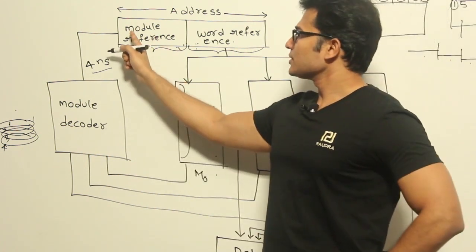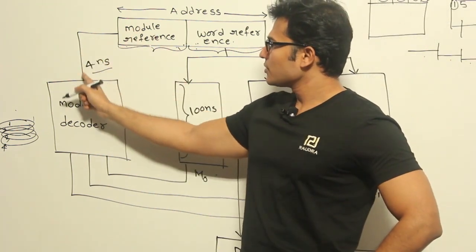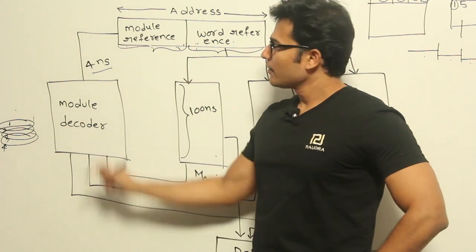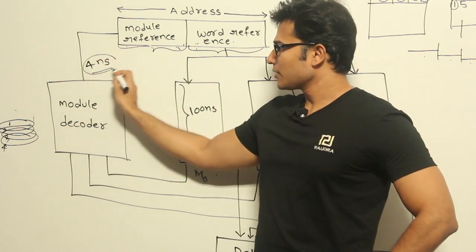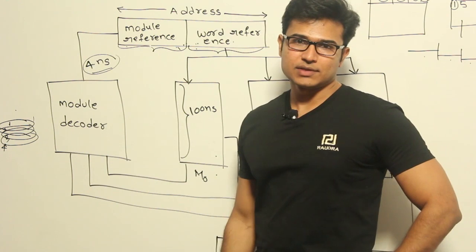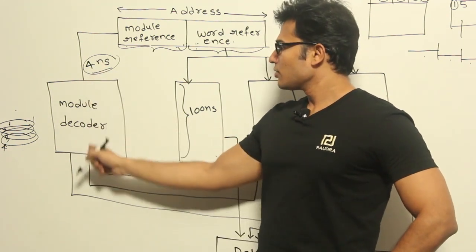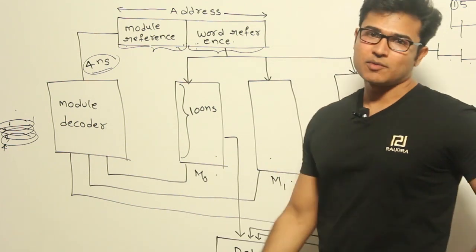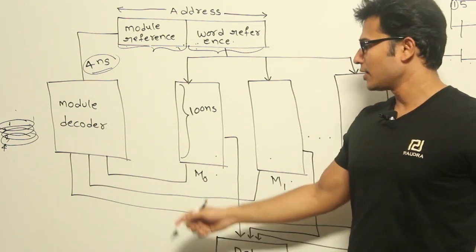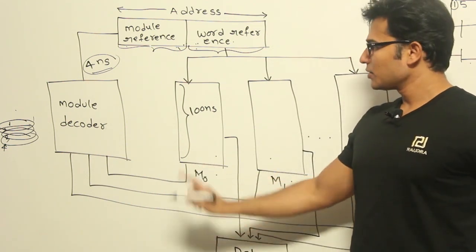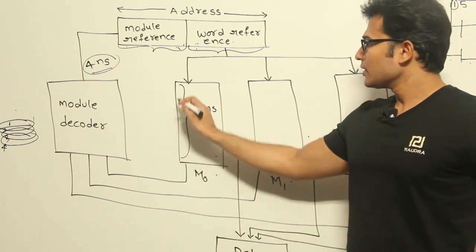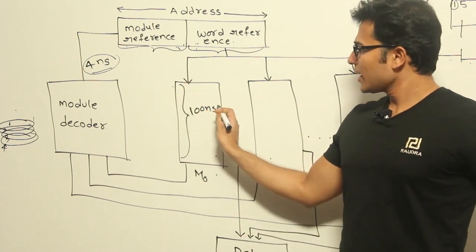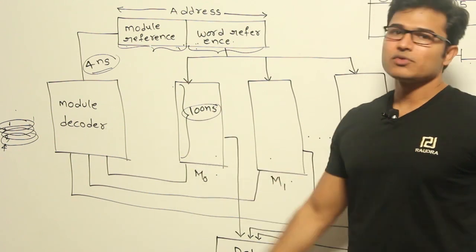Then first we give this part to the decoder. The decoder is going to take some time, let's say 4 nanoseconds in this case, and it generates the memory module from which we should be reading the data or writing the data. Once that module is selected, it will take the memory access time of that module to read the word.